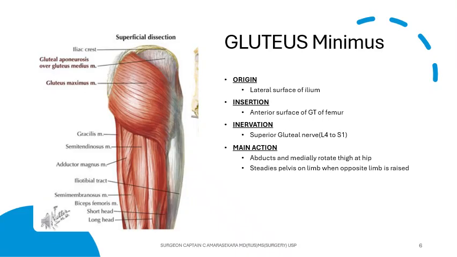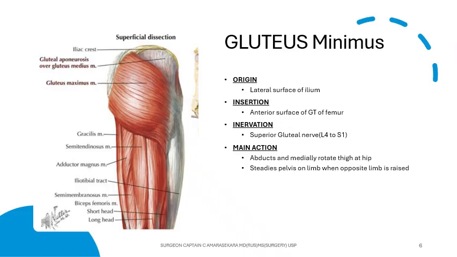Now, focus on the gluteus minimus, the smallest and deepest of the gluteal muscles, yet vital for maintaining pelvic stability and coordinated hip movements. Anatomically, the gluteus minimus originates from the lateral surface of the ilium, just beneath the origin of gluteus medius.